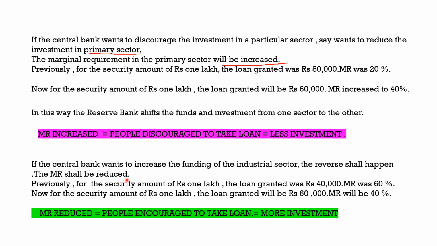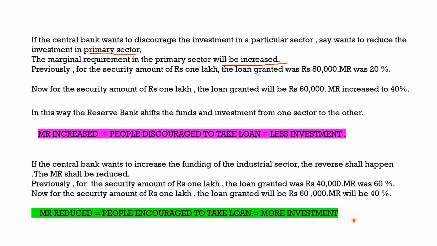The marginal requirement will be reduced. Say previously for the security amount of 1 lakh, the loan granted was 40,000, and the margin requirement was 60%. Now, for the security amount of 1 lakh, the loan granted will be 60,000 because they want to promote that sector. They want more and more funds to flow in that sector. So, the marginal requirement will be 40%. Marginal requirement reduced means people are encouraged to take loans because they will think that it's a very good bargain.